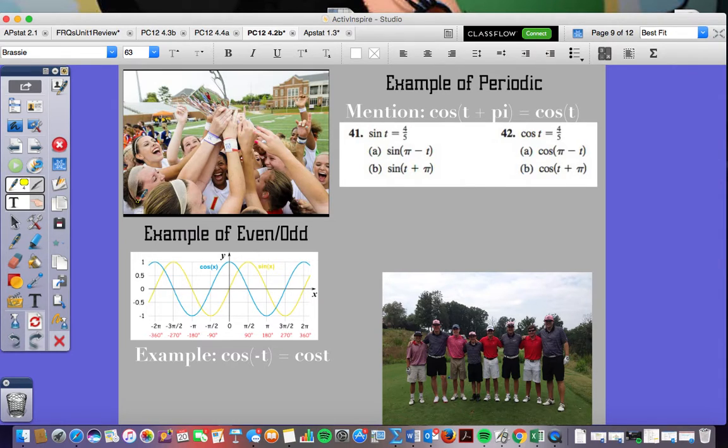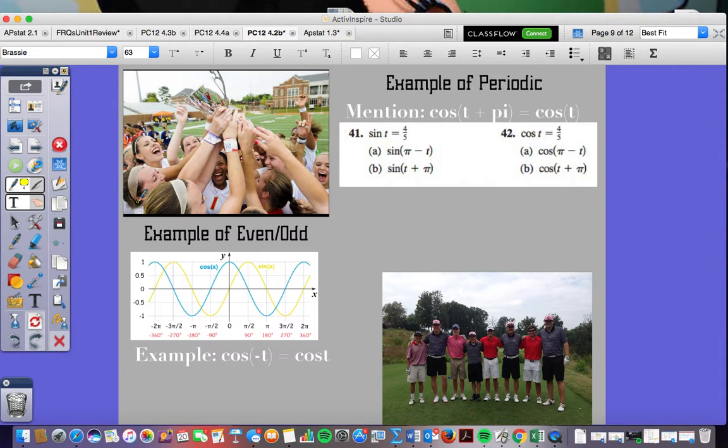Jake, question. If I took pi and subtracted t, what quadrant would it be in? Let me do this, maybe this will help. If I took pi, where would I start? Yeah, we would start right here. If I subtracted t, where would I go?